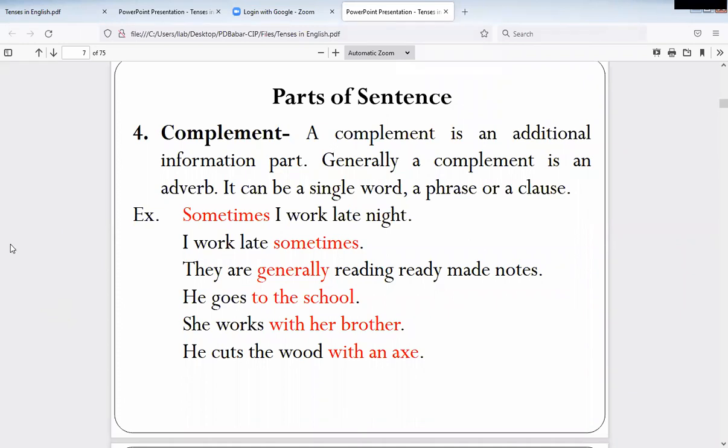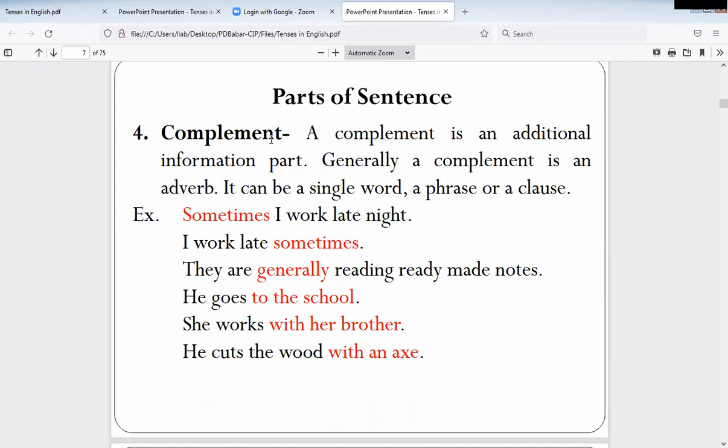Why is it an object? Because if we ask a question to the verb, then it is answering that object, and that's why it is called an object. Okay, they are generally reading ready-made notes. So what are they generally reading? If we ask the question, what are reading, then it answers ready-made notes. Okay, so that's why it is the object. They are, and here generally is used in between the auxiliary verb and main verb.